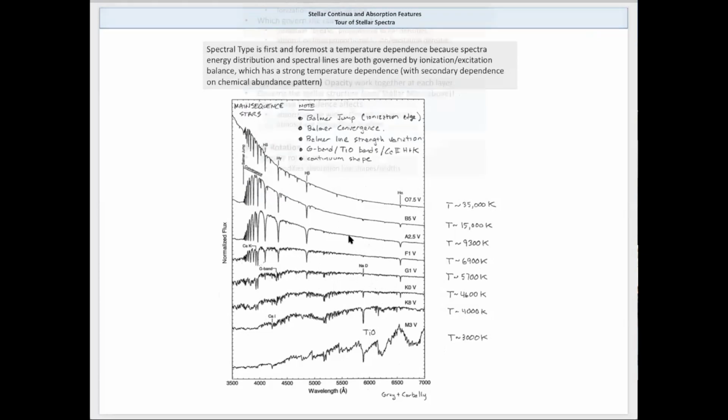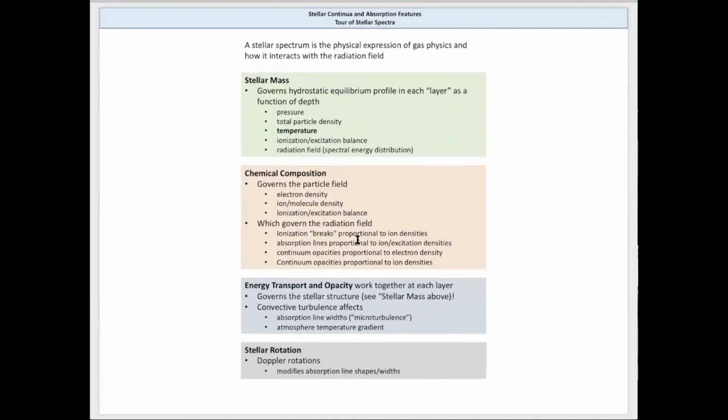Well, one of them is that the free electrons in the gas scatter light, and so those are important. Then you've got the fact that these continuum opacities, which we'll talk about what opacities are, also depend upon the various ions that are present in the gas.